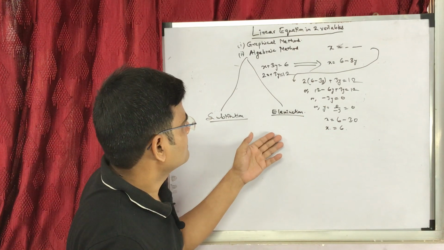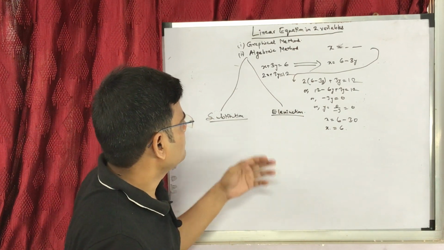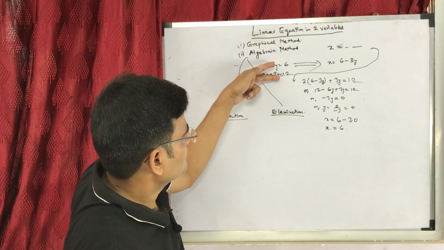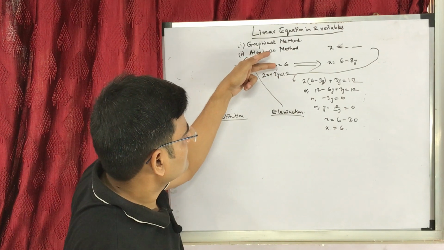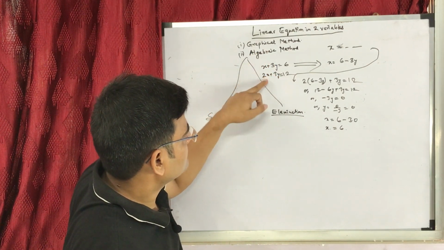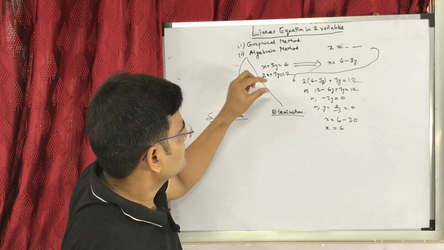Another method is elimination. Elimination means somehow try to make one of the coefficients equal. Y's coefficient is 3 here, y's coefficient is 3 here; x's coefficient is 2 here, x's coefficient is 1 here. Try to make them equal.